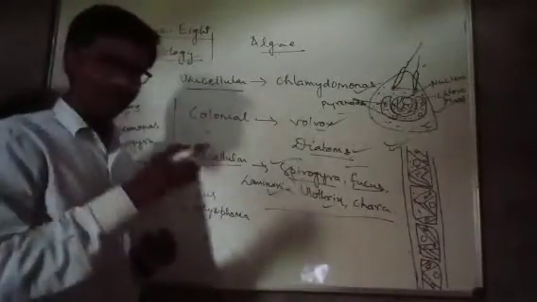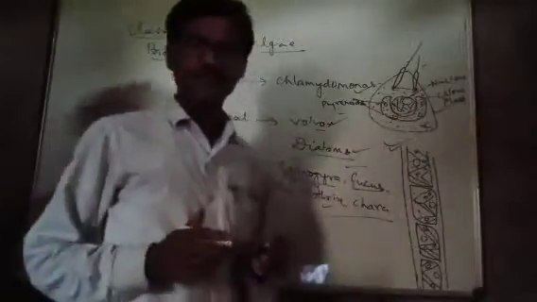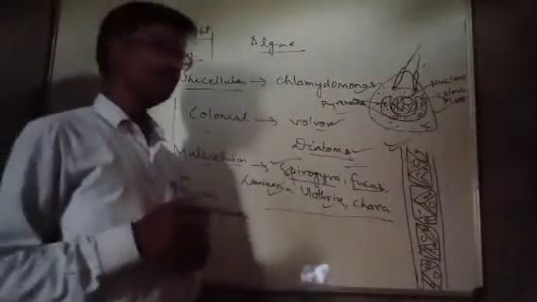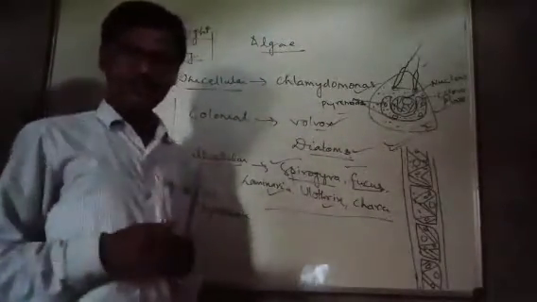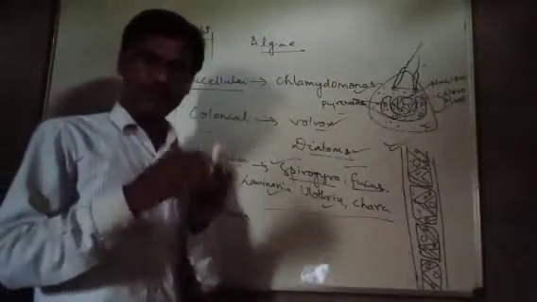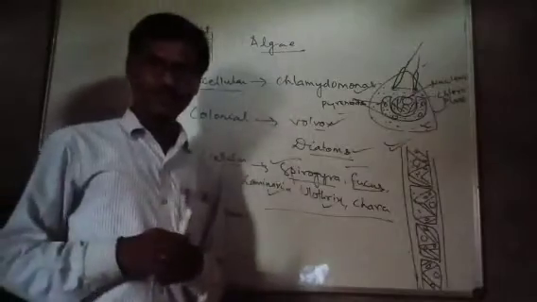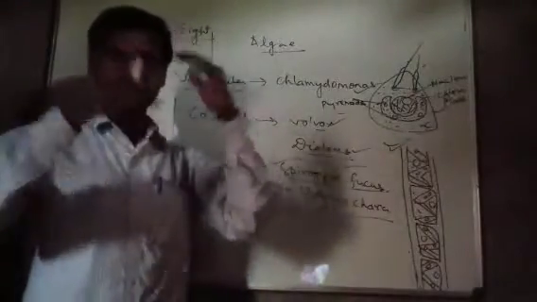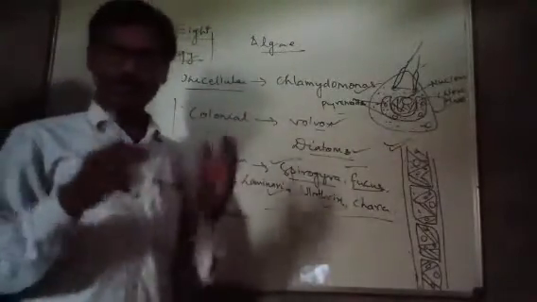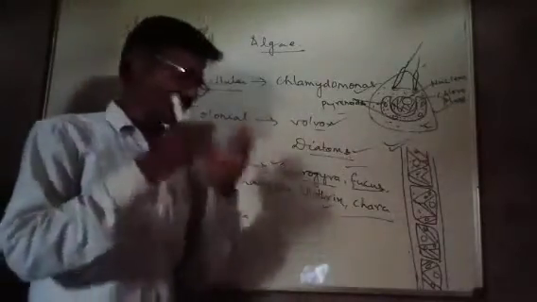It's a green filamentous algae. The filament is made by tiers of cells arranged one upon another to form the filament of Spirogyra.